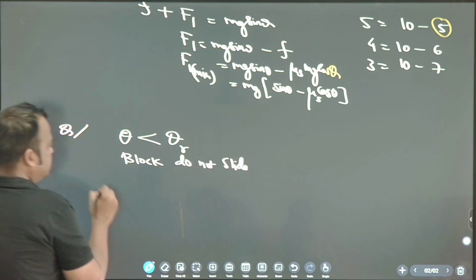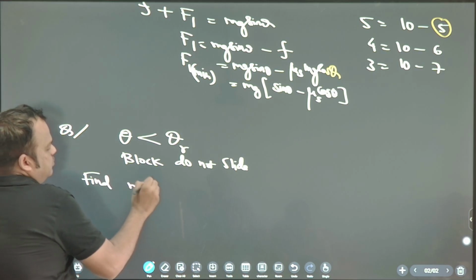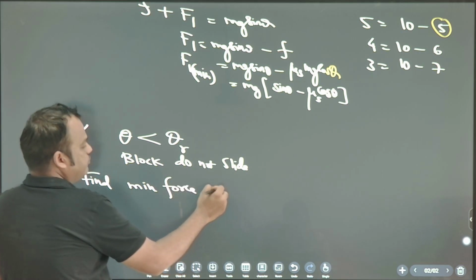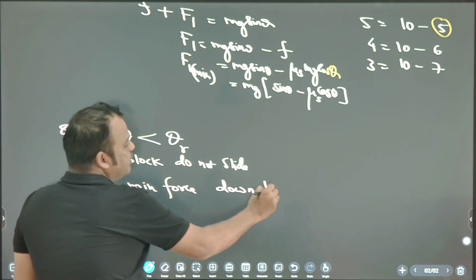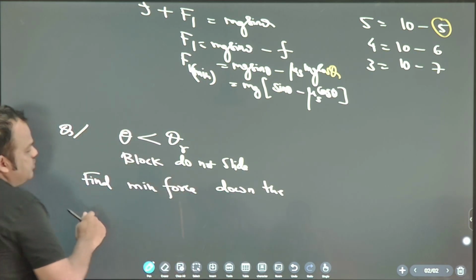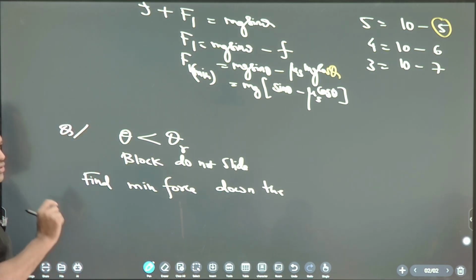Now the question is, find minimum force down the plane. Read the question carefully. Whether it is any subject, you have to read the question carefully. There is no fixed answer.